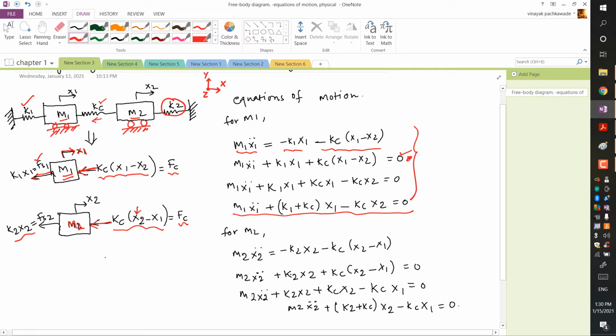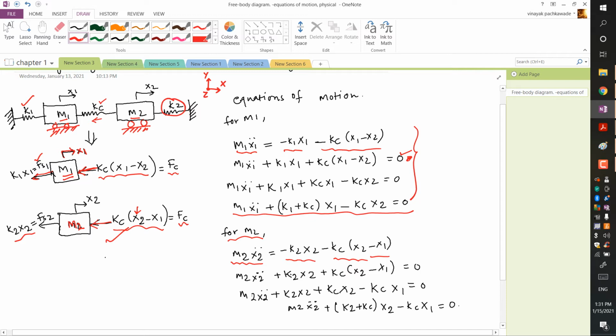Similarly, what can we do for object m2? The same procedure can be followed. The inertia force acting on body m2 is represented by m2 times x2 double dot, and that equates to two opposing forces as indicated in this diagram: minus k2 x2 minus kc times (x2 minus x1).